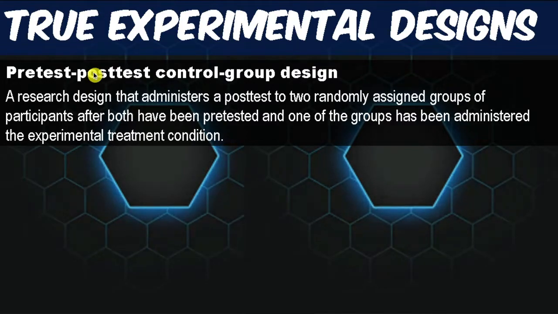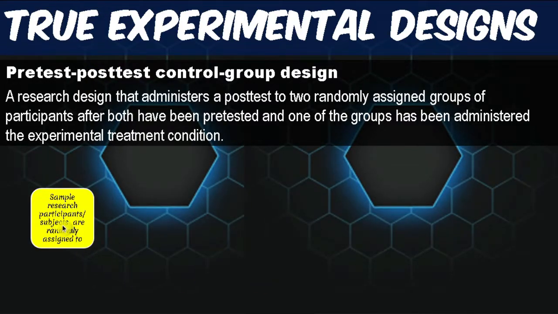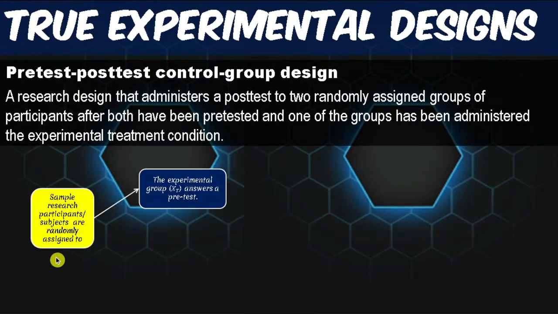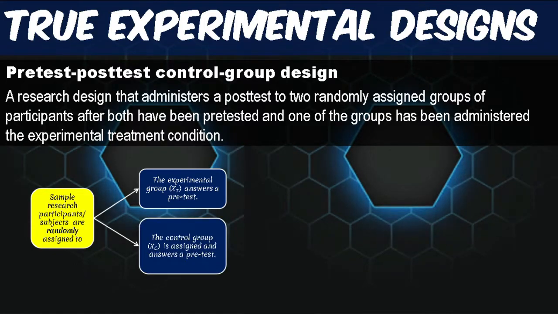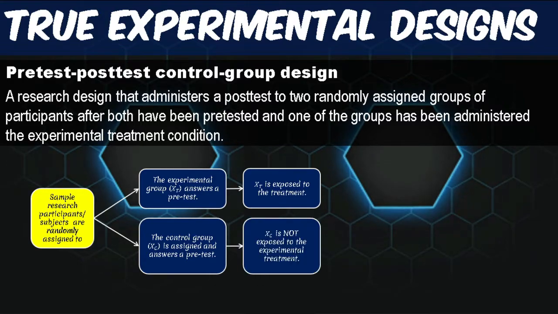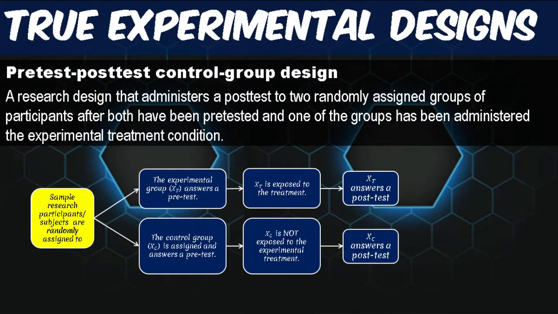That's your post-test. So to illustrate, you start from your sample, you randomly assign your subjects to your experimental group or groups, because it could be extended to more than 2 comparison groups. You expose both of them to your treatment, and then you measure. That could be through a post-test and then compare later on.